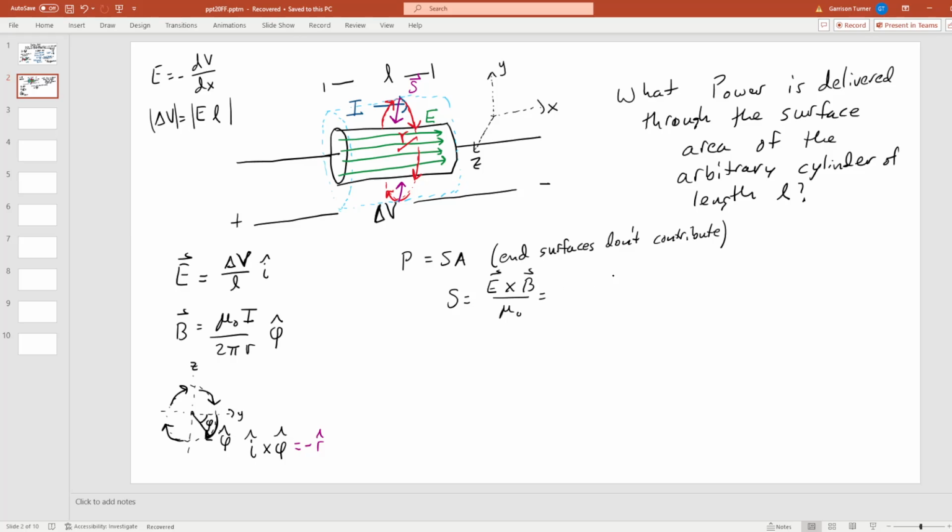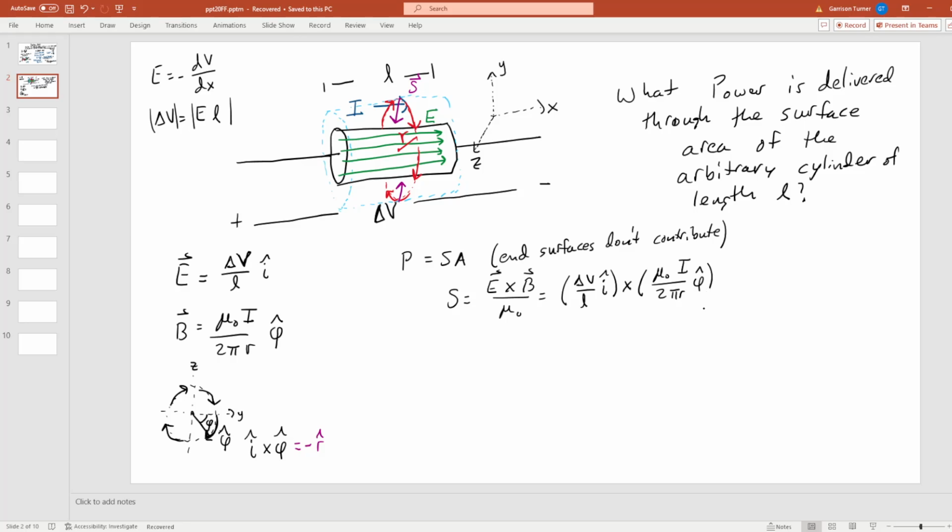Okay. And E we've already got as delta V over L, I hat direction, and we're going to cross that into mu naught I over 2 pi r in the angular direction.